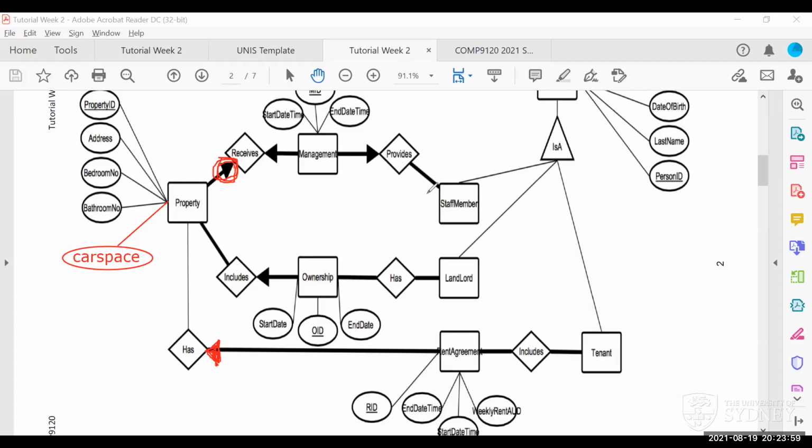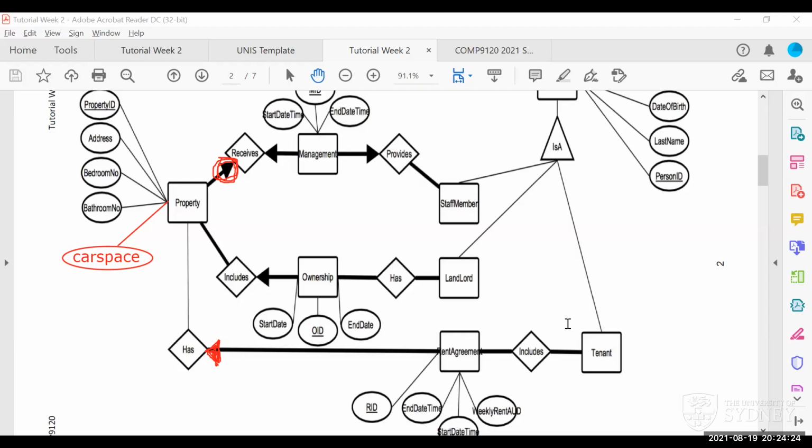Okay. A thick line, yeah, that's right. Okay. Can you find or spot the last mistake? What is the last mistake we can spot here?